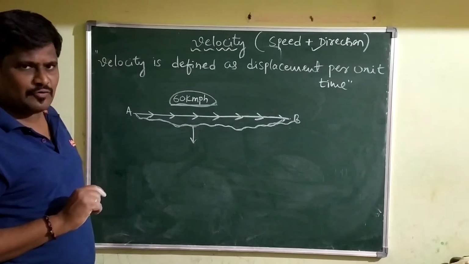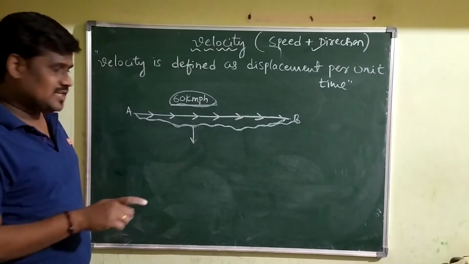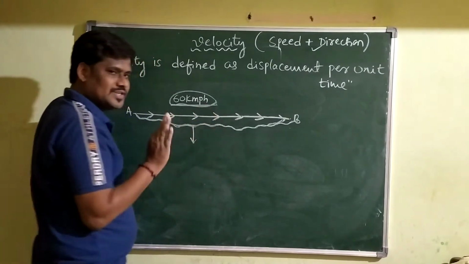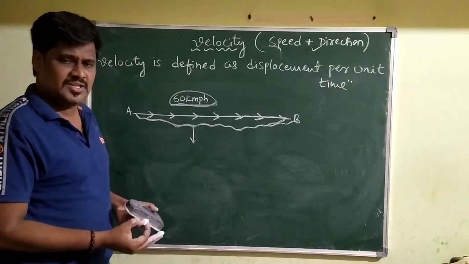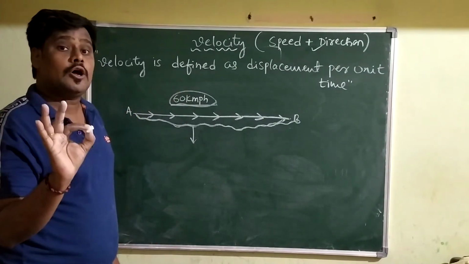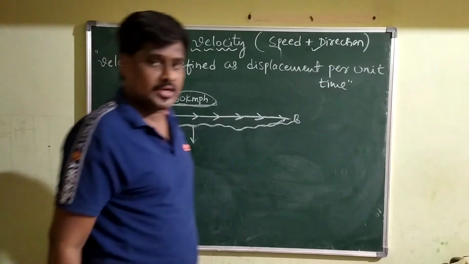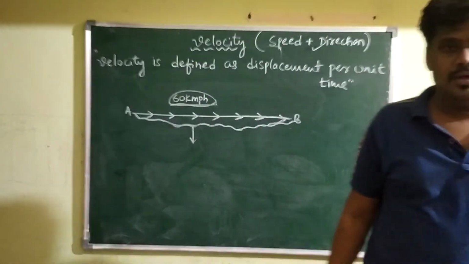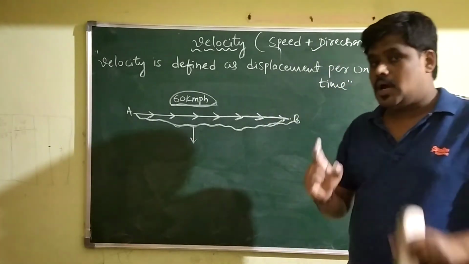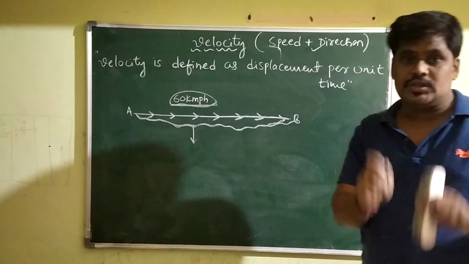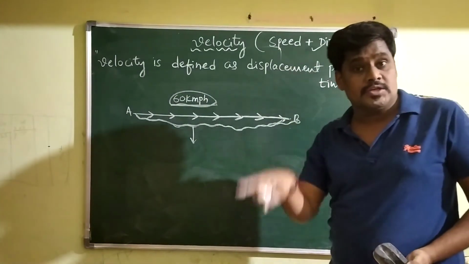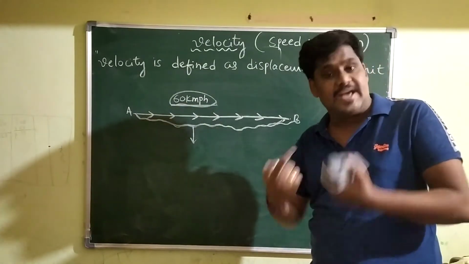Why is the velocity not uniform? Velocity changes if the direction of motion of a body changes. If the direction is changed, then we do not use the term that the body has uniform velocity. When you use the term uniform velocity, the body should move with a constant speed along one particular direction, continuously, without changing its direction.